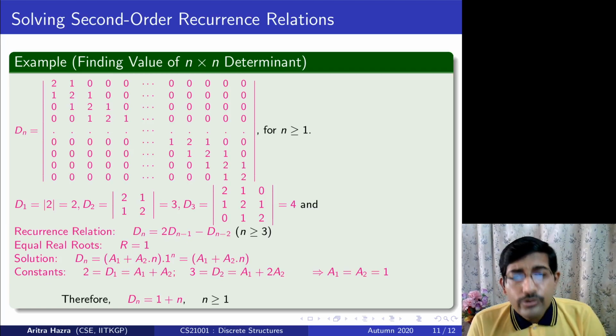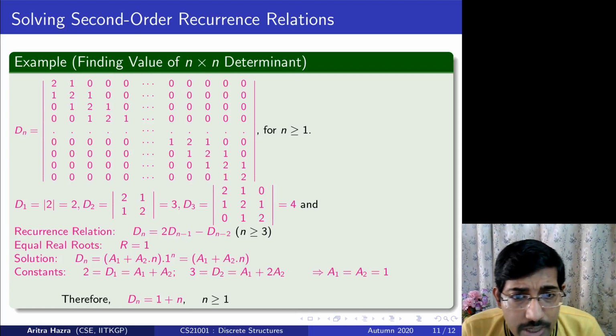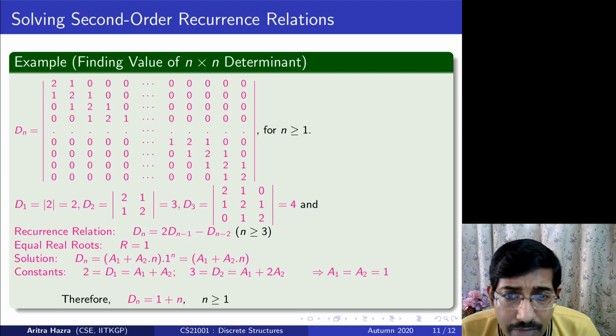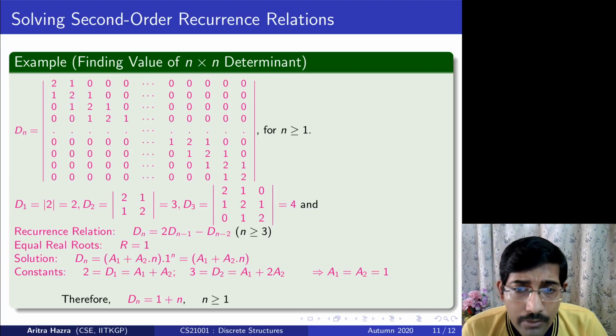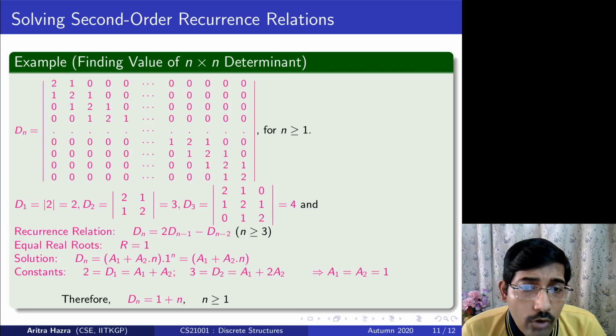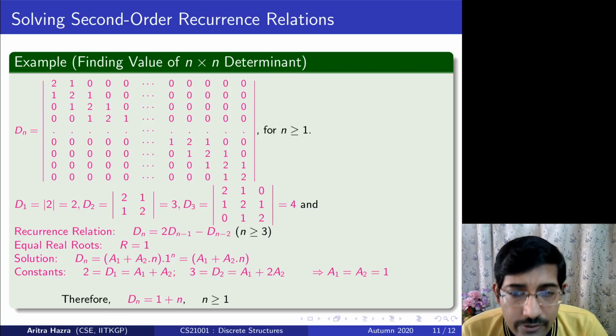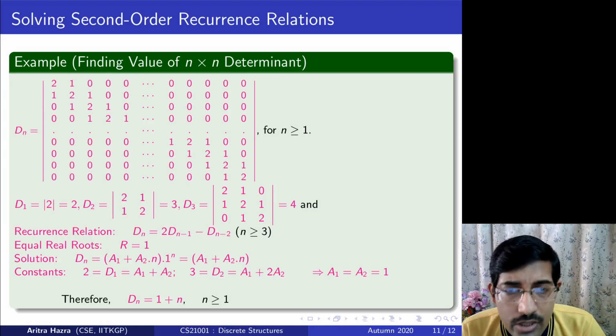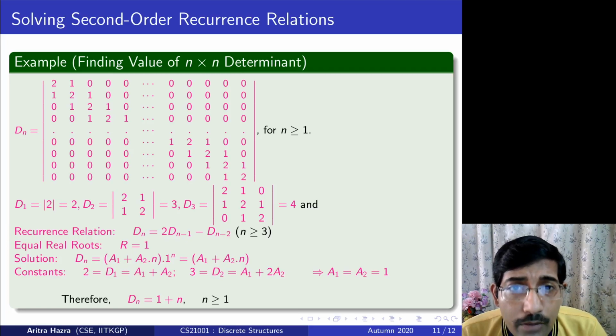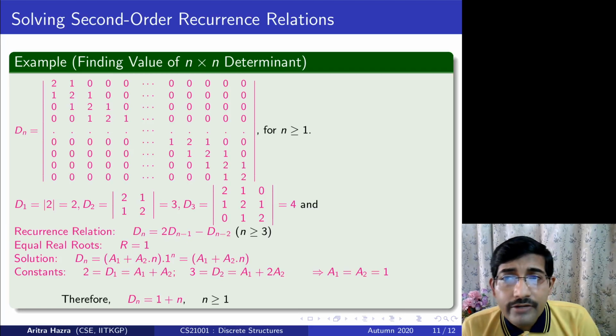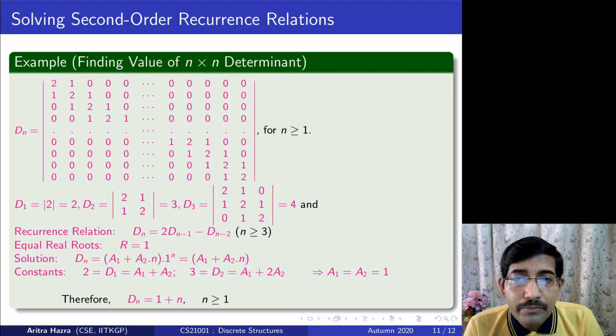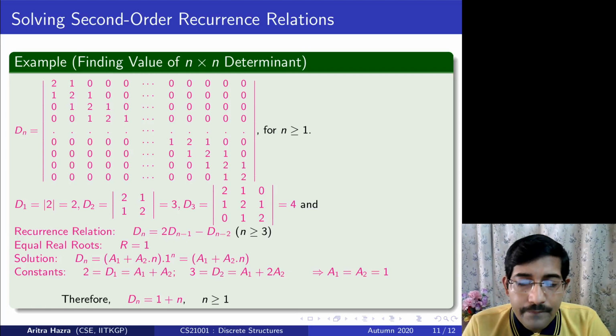The way to determine the constants is the same, just by replacing with the base conditions and figuring them out. But the way of formulating the solution differs between non-equal roots and equal roots. In case of equal roots, we have seen that we need to raise the power of n to form different linearly independent solution terms for Tn.